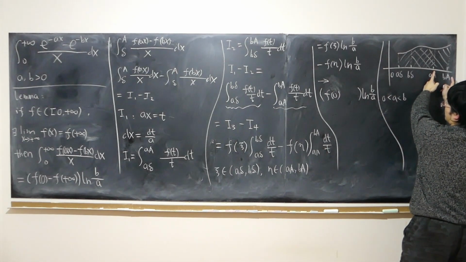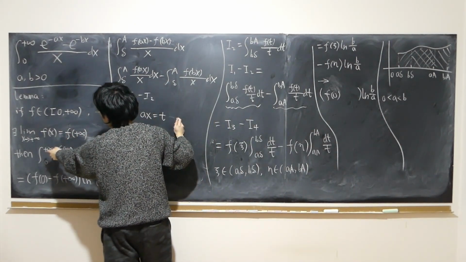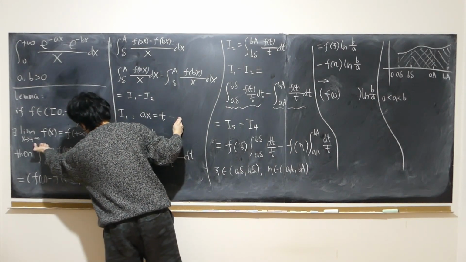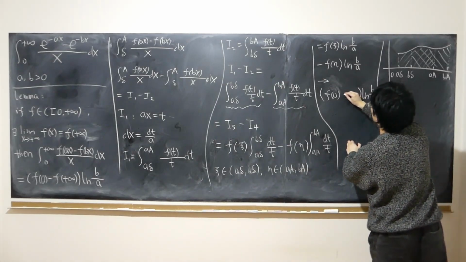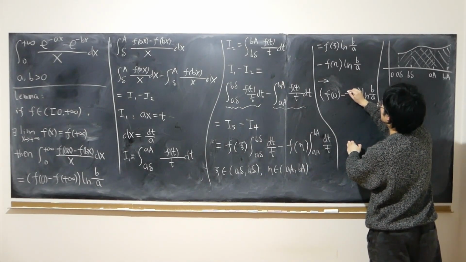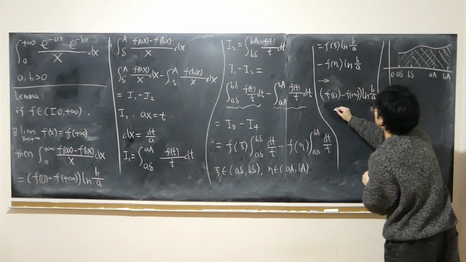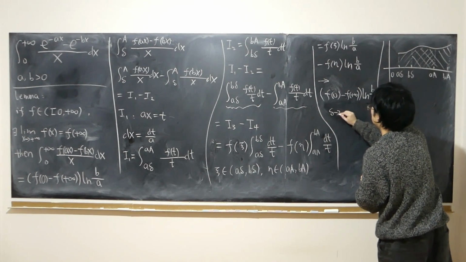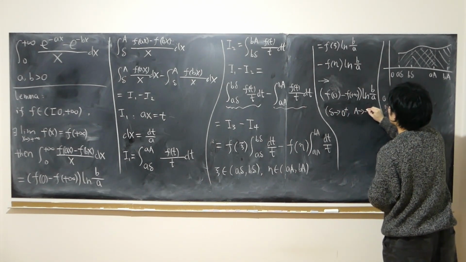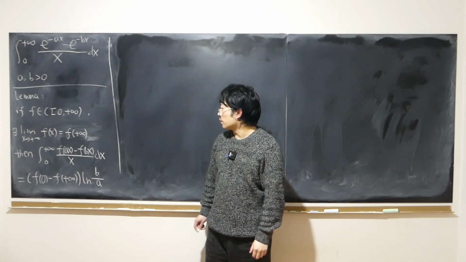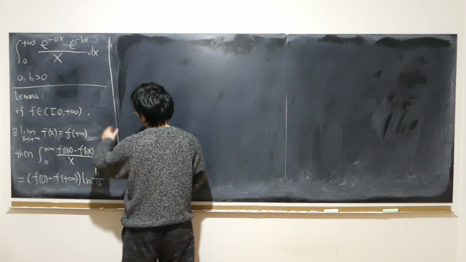Like I said, we assume that the limit exists as x approaches positive infinity, so we immediately have minus f of positive infinity, a finite number, as delta approaches 0 from the right-hand side and capital A approaches positive infinity. Now I'm done with the proof of this lemma. This type of integral is called a Frullani integral.